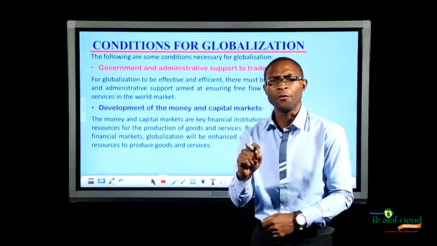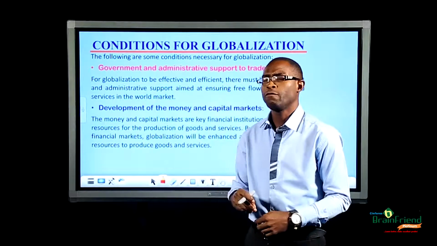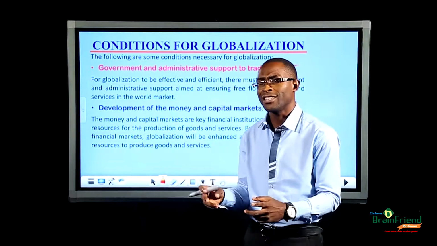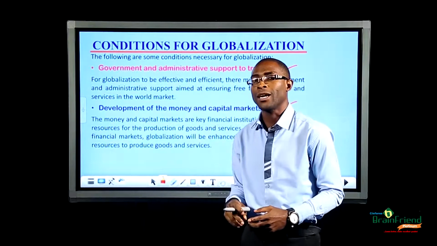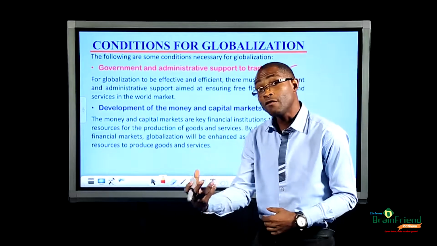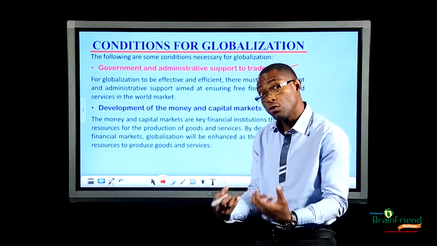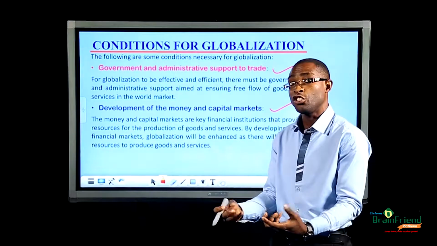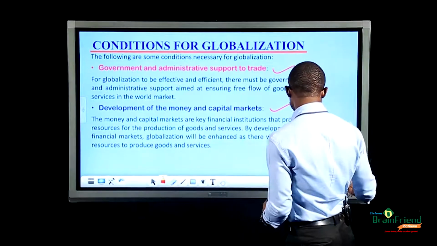But interestingly, the huge amount of money you need for capital projects are gotten from the capital market. So there is a need for government to develop that market in order for it to keep providing huge capital for development projects. When you have this development project, it pulls investment into the nation, aiding globalization.